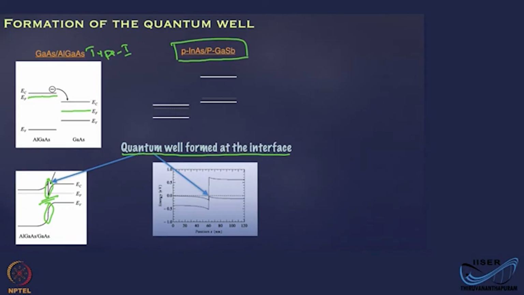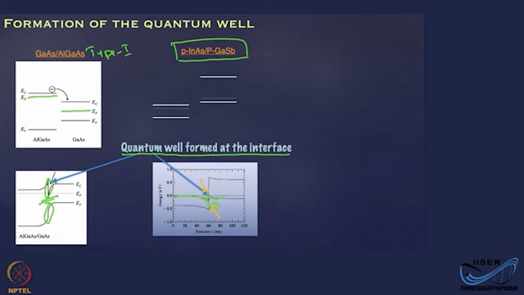So you will get a quantum well in this case, and you can also get another quantum well in the other material. One quantum well is in this material, the other quantum well is in this material.